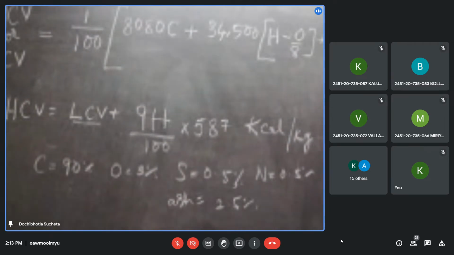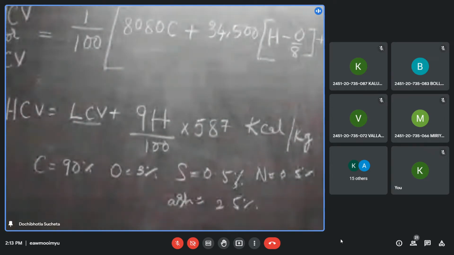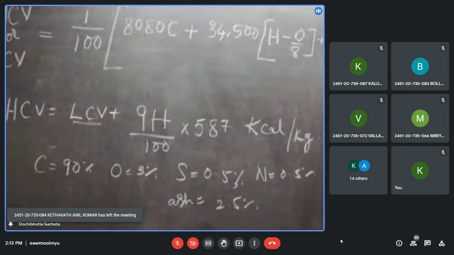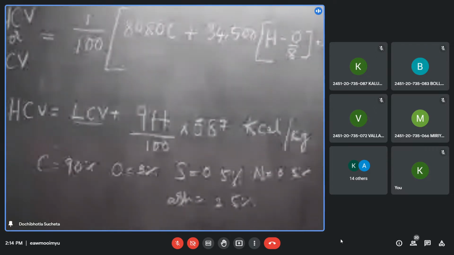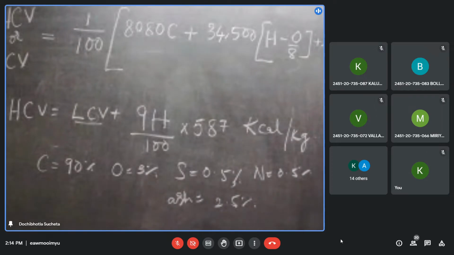I also told you the interconversion formula of various units of heat or calorific value: 1000 calories is equal to 1 kilocalorie is equal to 3.96 British thermal units is equal to 2.2 centigrade heat units. These formulae have to be memorized to solve the numericals on the calorific value.